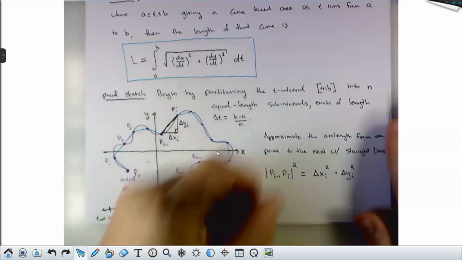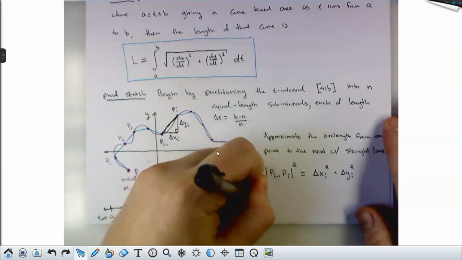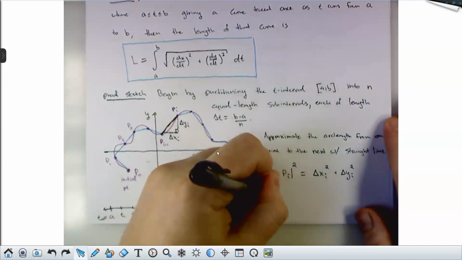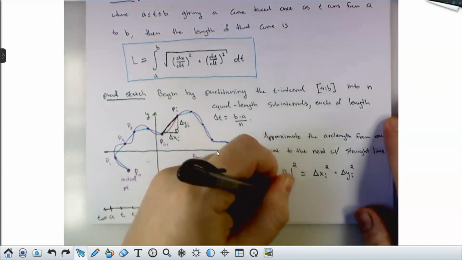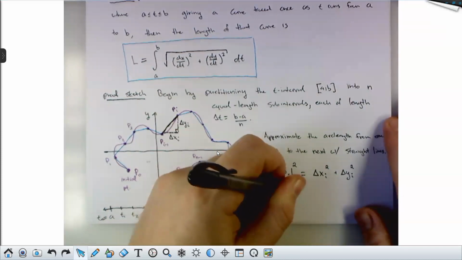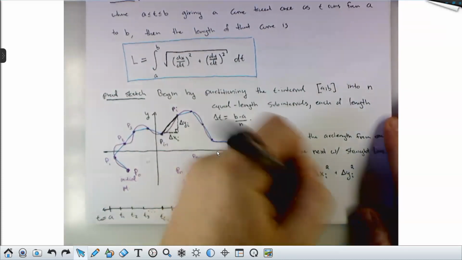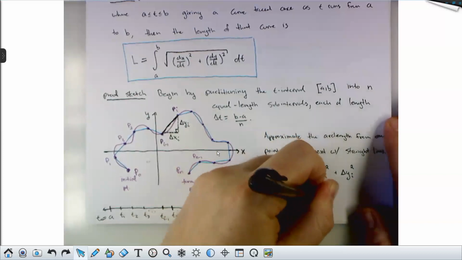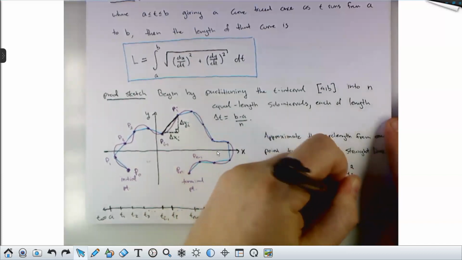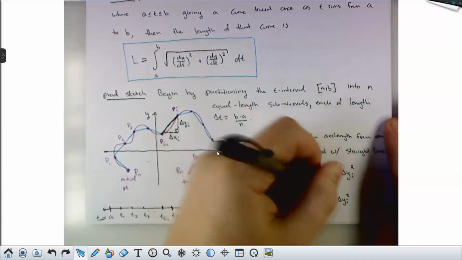And this means that the straight line distance from Pi minus 1 to Pi is the square root of delta xi squared plus delta yi squared.